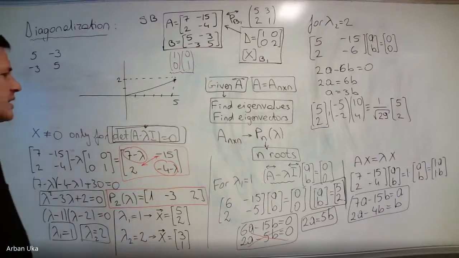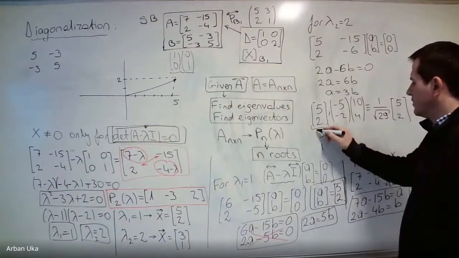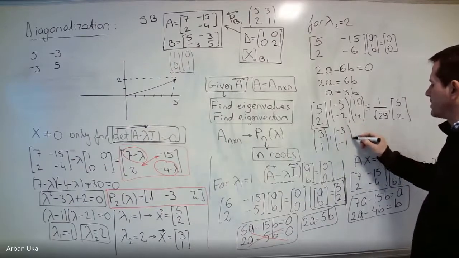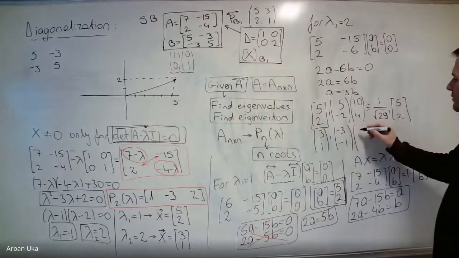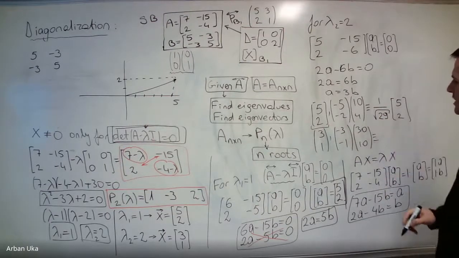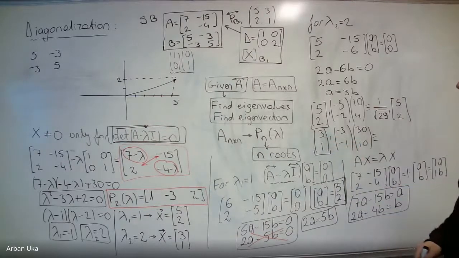And then, regarding the other eigenvector, we have here the vector 3, 1. This is an eigenvector, but this is also a possible one, minus 3, minus 1, or multiplied by 10, 30 and 10. They are all equivalent. But what is the magnitude or the norm of this vector?